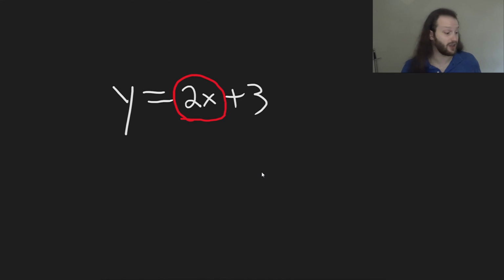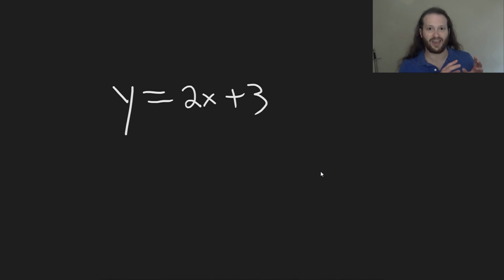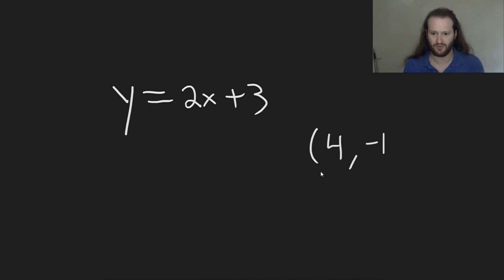Constant coefficients are fine. What's fantastic about functions is that the only coordinate points that are on any function are specifically the only values for x and y that make its equation true. So given that, if I wanted to know for (4, -1), is this point on this line?